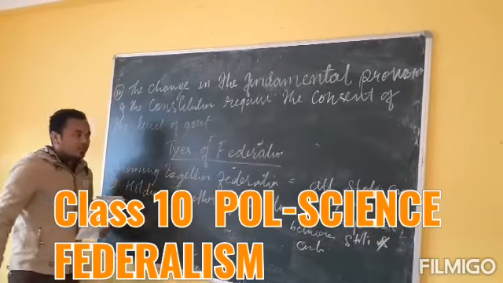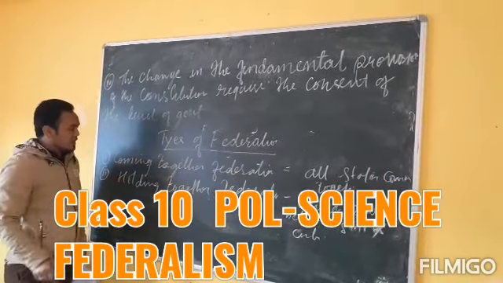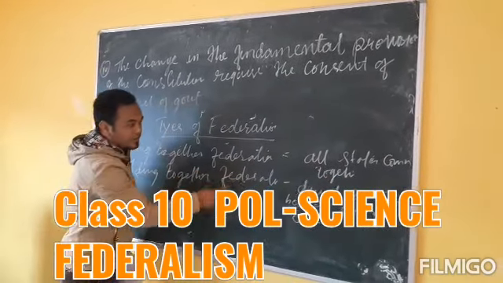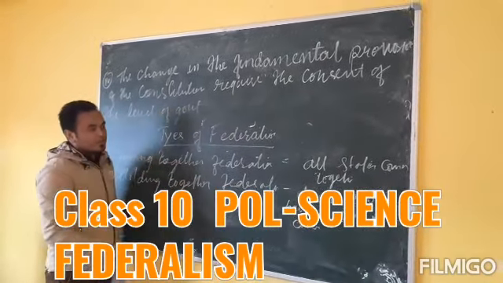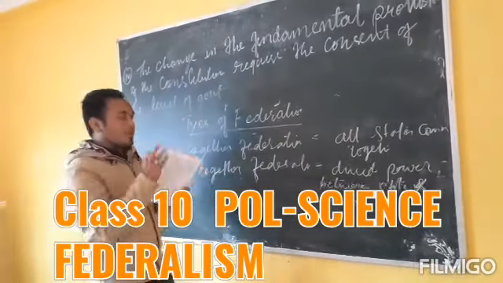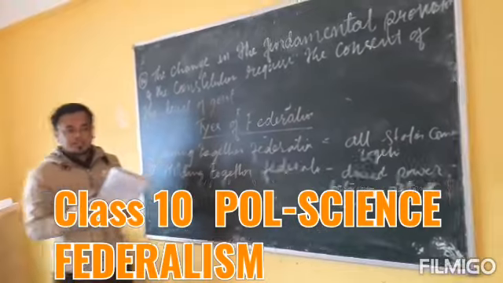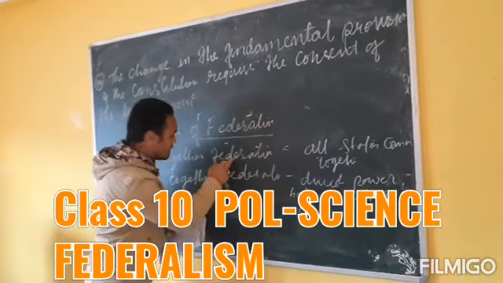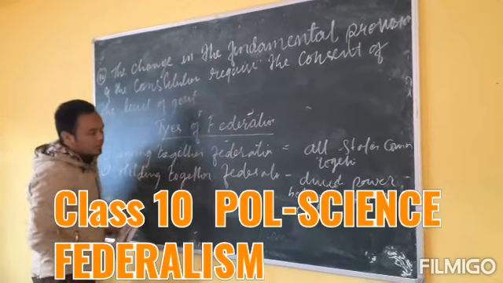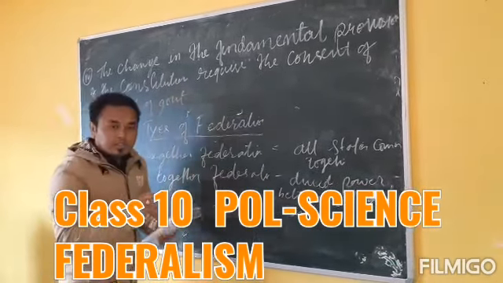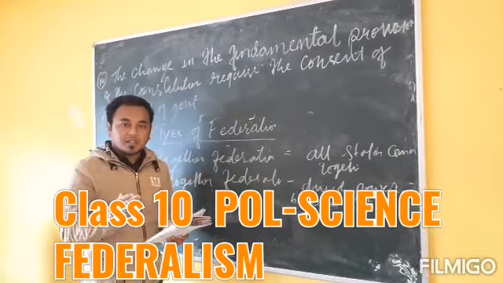We have two types of federalism, that is coming together federalism and holding together federalism. In coming together federalism, all states come together and form the government. Next is holding together federalism, in which the power is divided between the central and the state government.